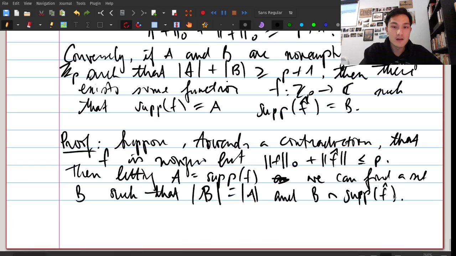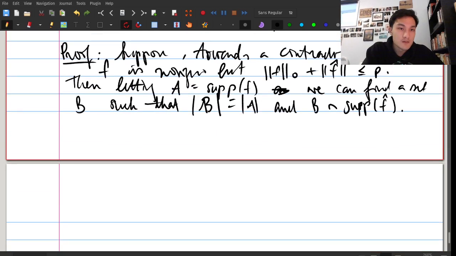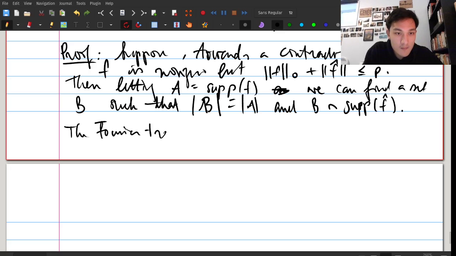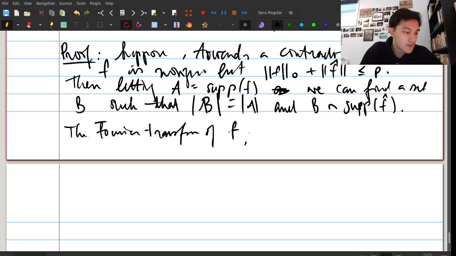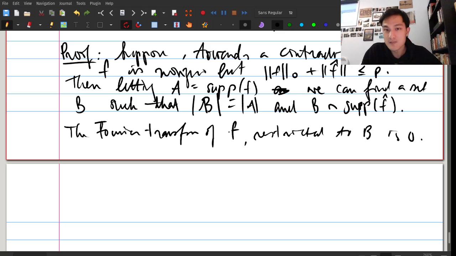Now, what does this mean? This means that the Fourier transform of f restricted to B is 0, because B intersect the support of f hat is empty.